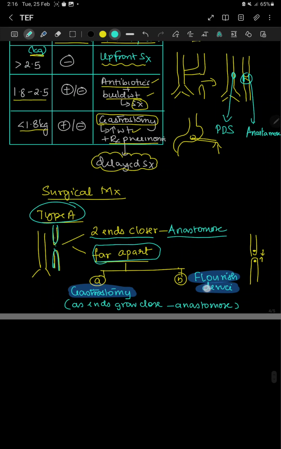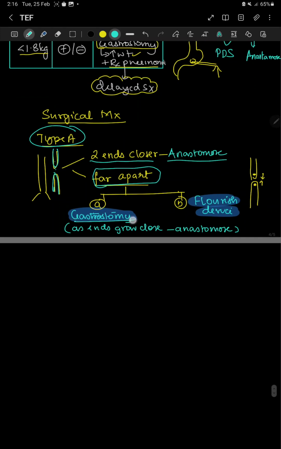If those two ends are far apart, then there can be two types of approaches. One is gastrostomy, as I already mentioned, where you start feeding through this tube directly into the stomach, and because of the improved nutrition, the two ends will start growing together and you can anastomose them. Or you can use something called a Foker device.